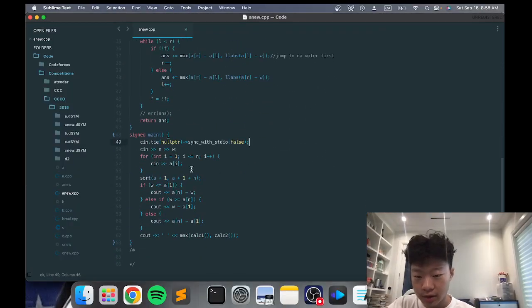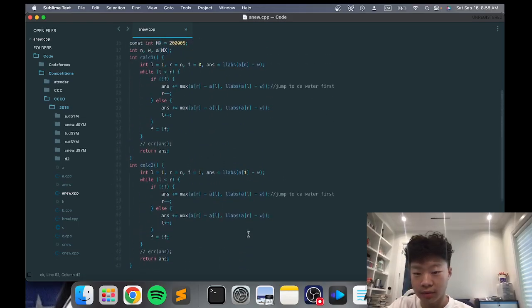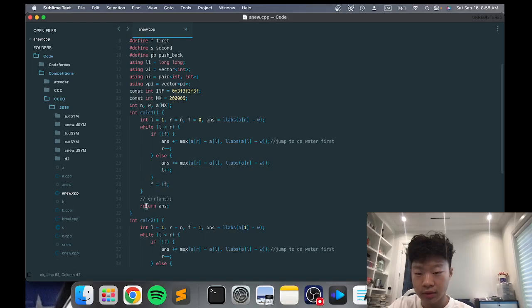Okay, first, sort the values. And this is for calculating the minimum. If it's smaller, then boom. Bigger, then boom. Otherwise, it's boom. And then you can either, as I said, jump from the first value first or jump from the last value first.